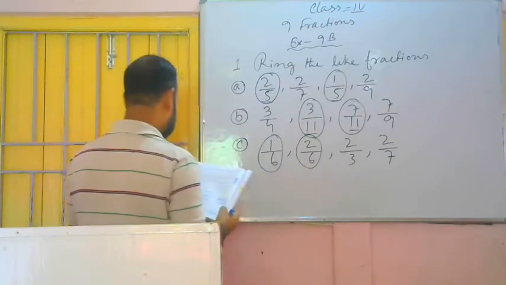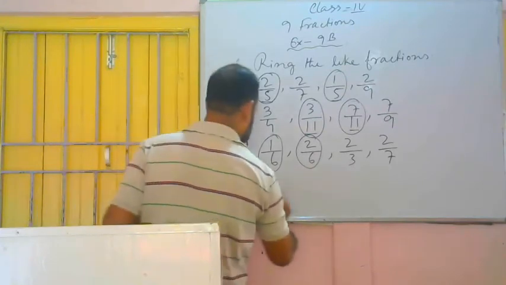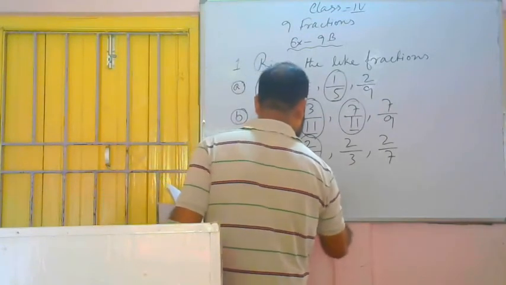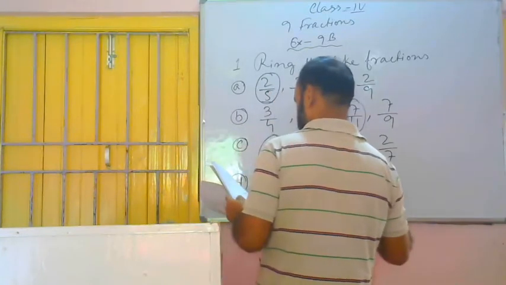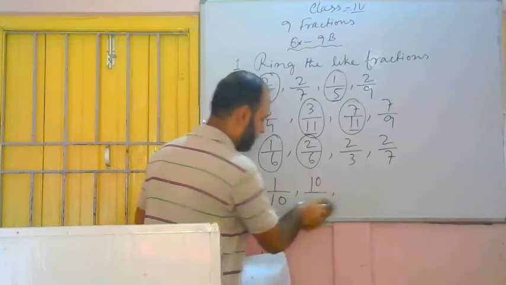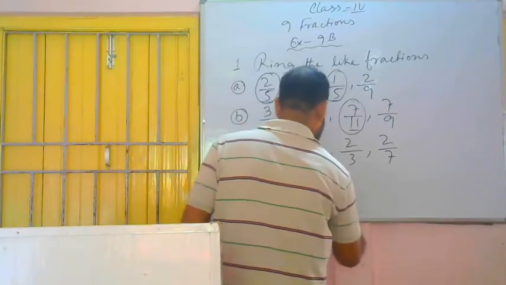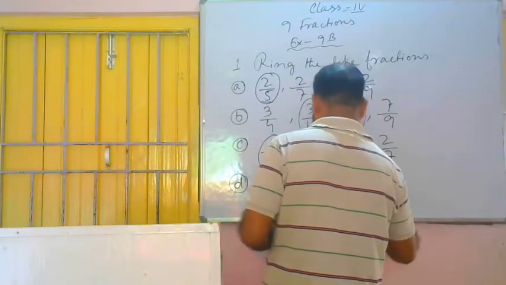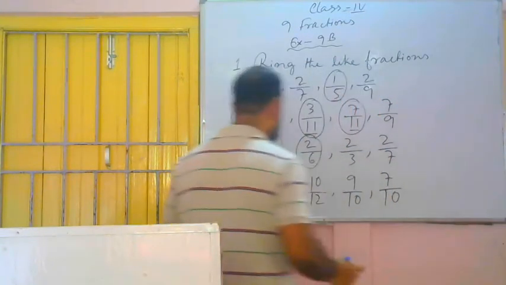Next, question number D: 1 by 10, 10 by 20, 10 by 12, 9 by 10 and 7 by 10.